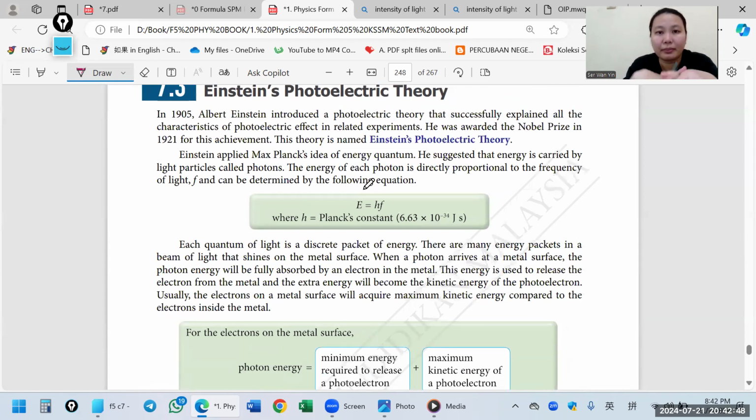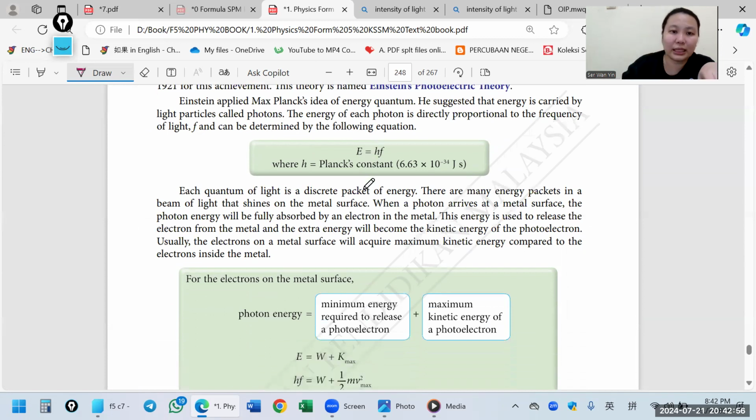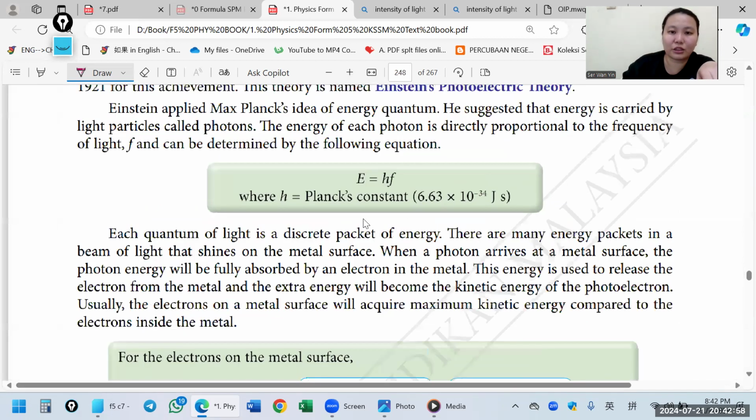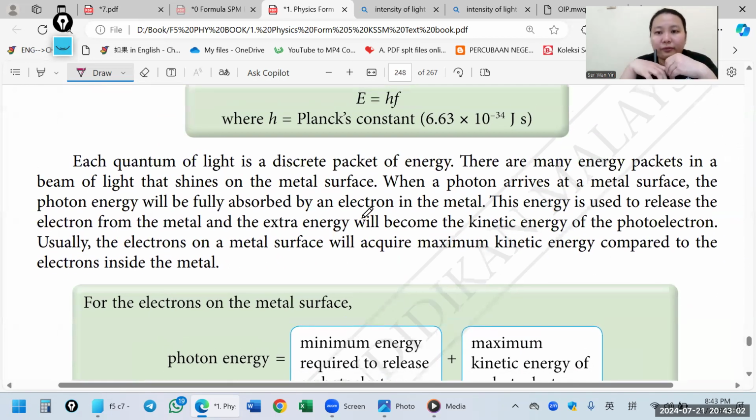Einstein applied Max Planck's idea of the photon: each quantum of light is a discrete packet of energy. When a photon arrives, it is fully absorbed by the electron.